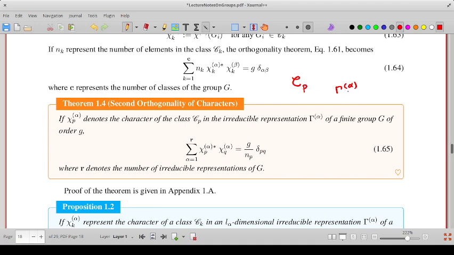Then in a given irreducible representation gamma alpha, the characters will be denoted as chi alpha P. So this corresponds to the character of the class P in the irreducible representation gamma alpha. By character of class P, we mean the character of any element in the class, because all of them will have the same character.